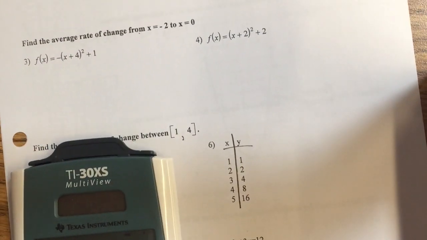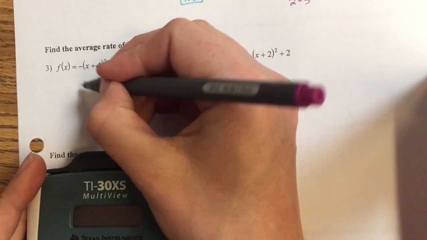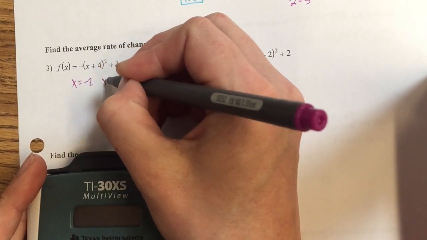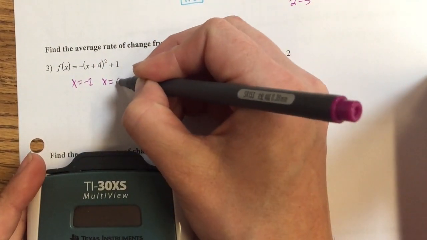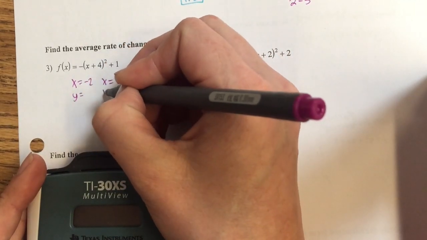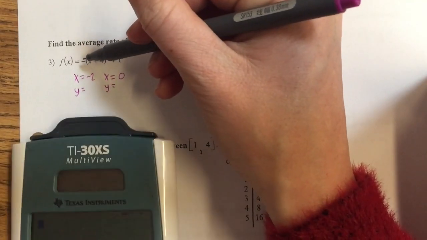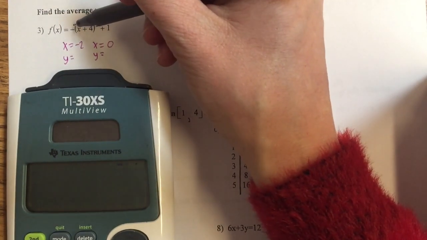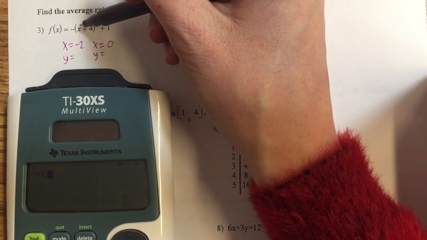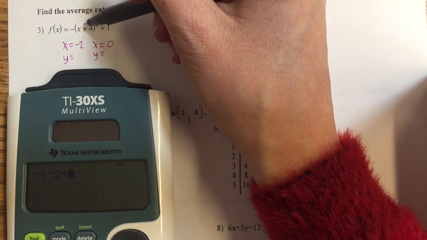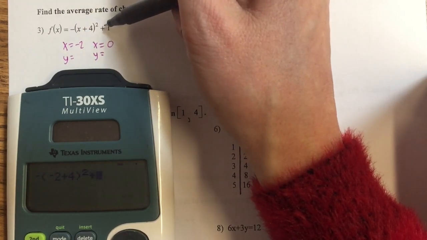Example 3, x equals negative 2, x equals 0. I need to find what my y's will be when I plug them in. So I enter in negative parenthesis negative 2 plus 4 squared plus 1.